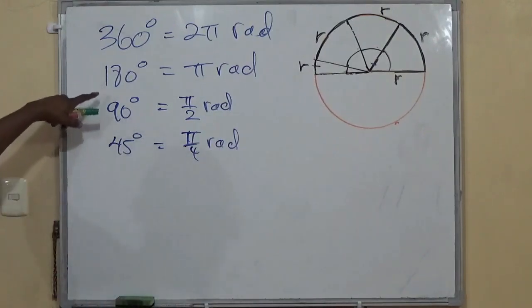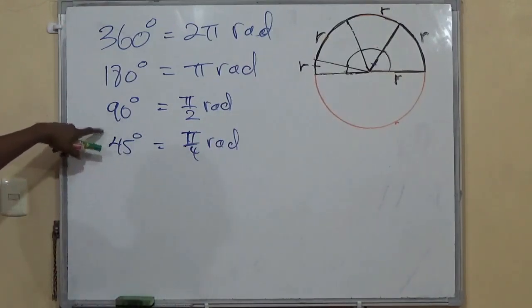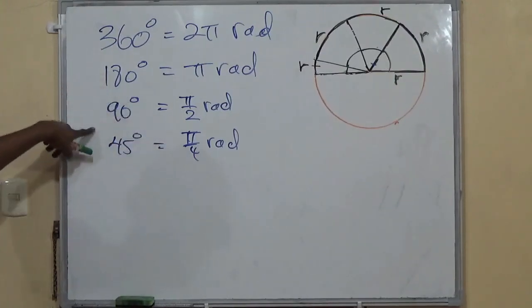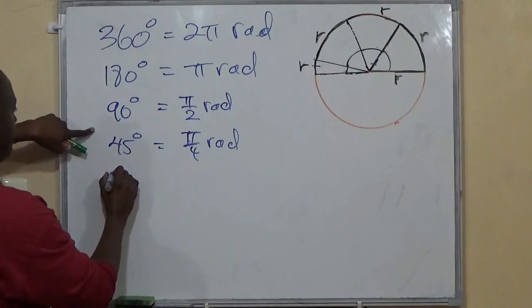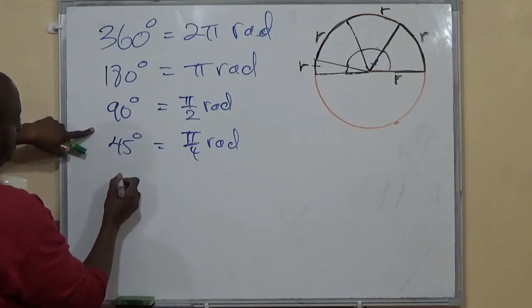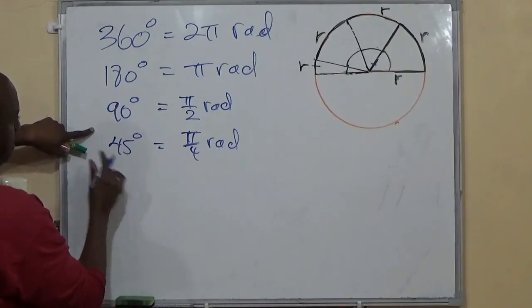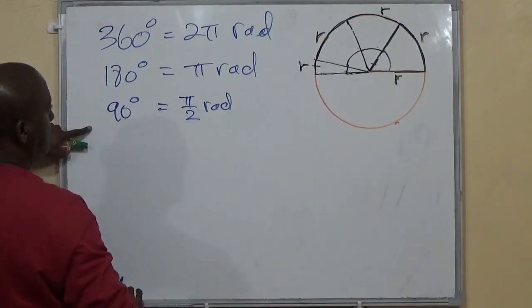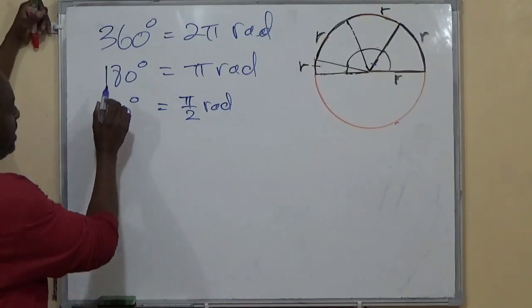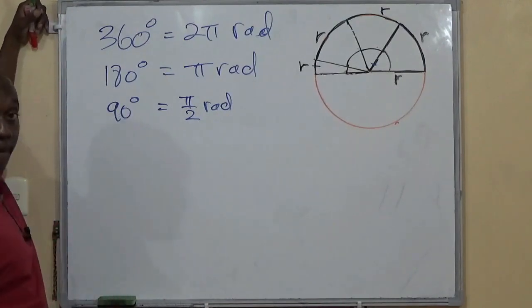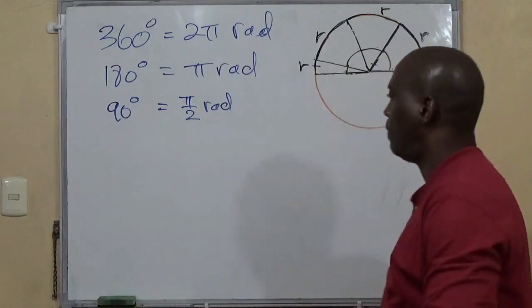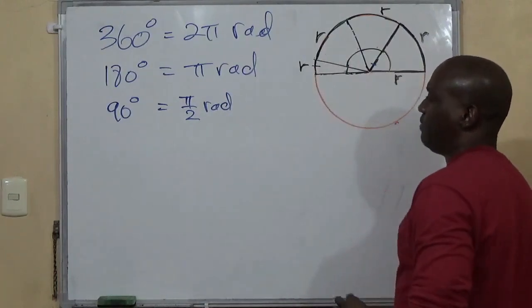And if we divide by 2, we could divide by 3. These are the two common values. Let me go in order. We divide 180 by 2 and we get 90. So 90 degrees is pi over 2 radians.